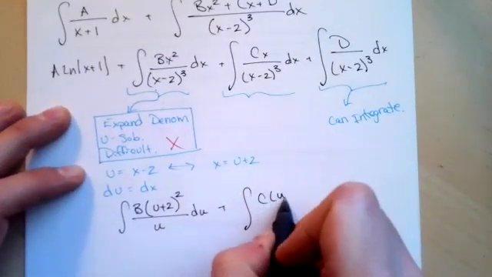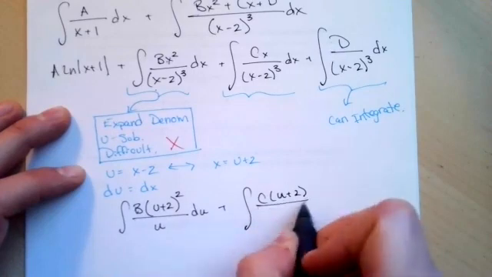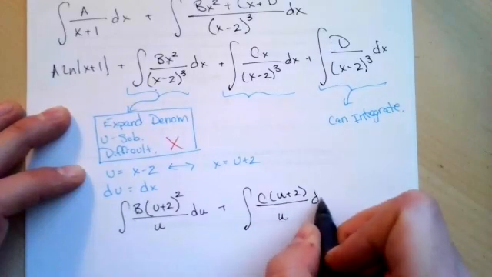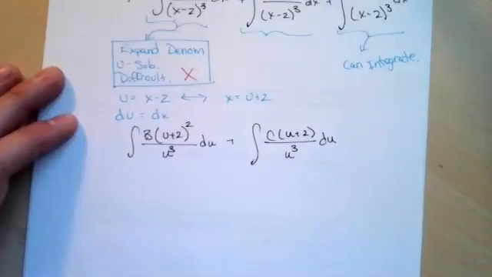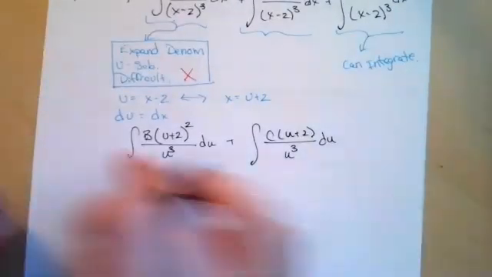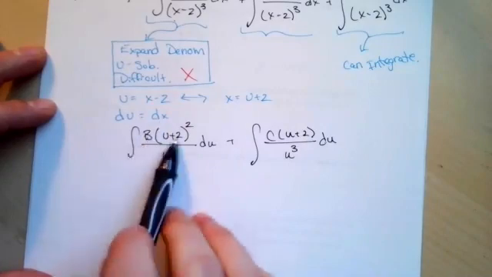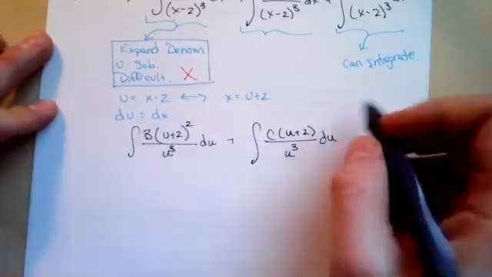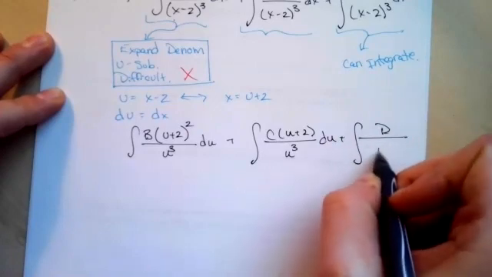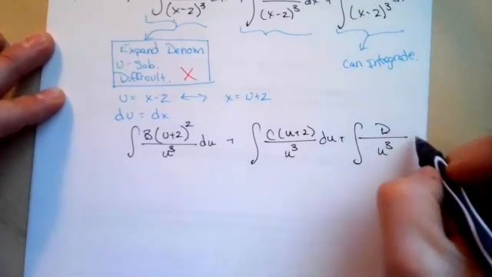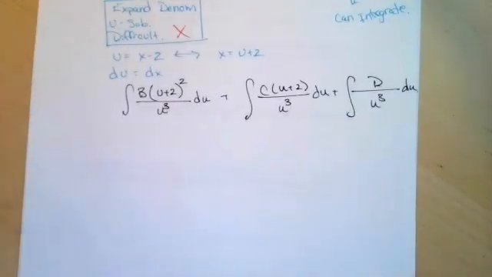C times that u plus 2 over u. Wouldn't that bottom u be u cubed? Yeah, excuse me. You would have to FOIL it out and, of course, then expand each of these terms in the numerator over the denominator plus d over u cubed. And again, that one we can integrate. So this one's getting lengthy.